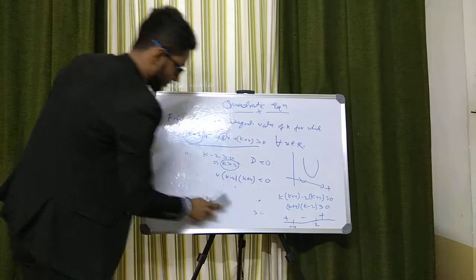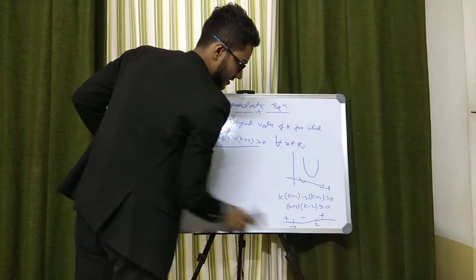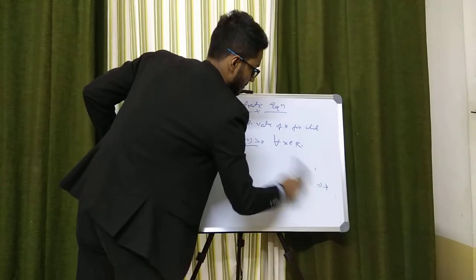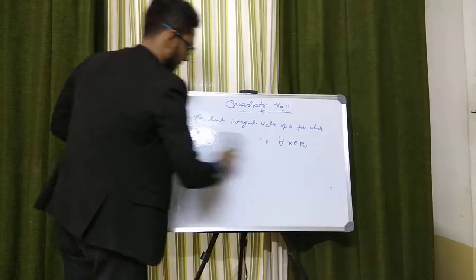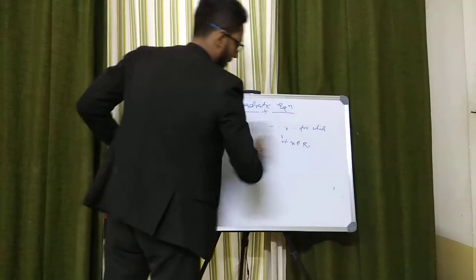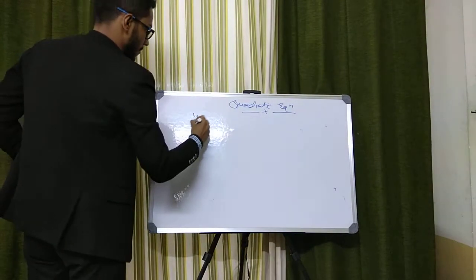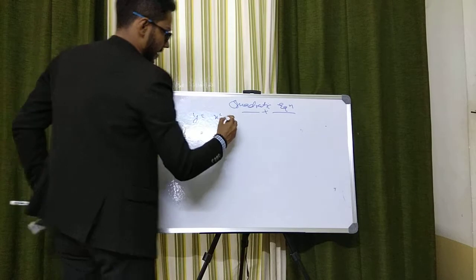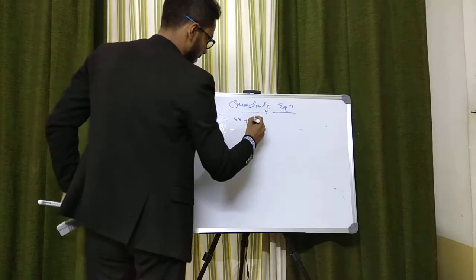And I have told you the maximum and minimum value will always lie at the vertex. And the vertex is given by minus b by 2a and minus D by 4a. So, suppose for any quadratic equation you want to find the maximum or minimum value, say y equals x square minus 6x plus 8.